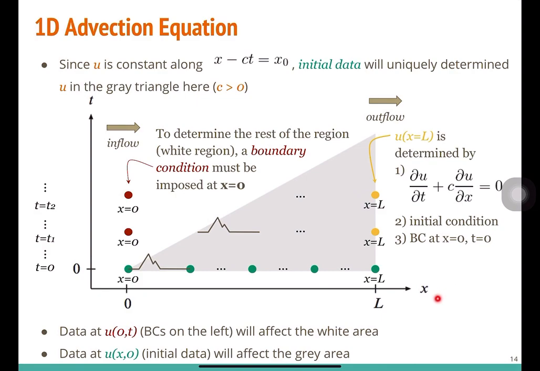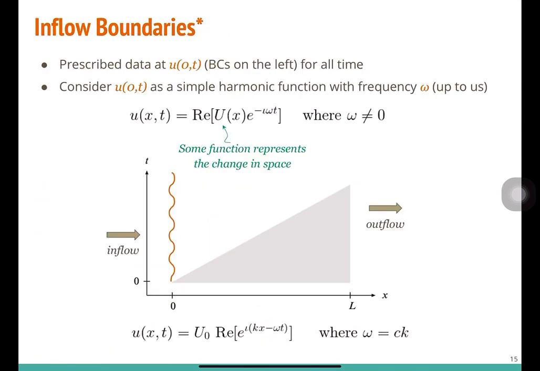So in summary, the data at x equal to 0 and at different times, the values in this column, the boundary conditions on the left side, will affect the white area, and the initial data, which are the green dots here, will affect the gray area.